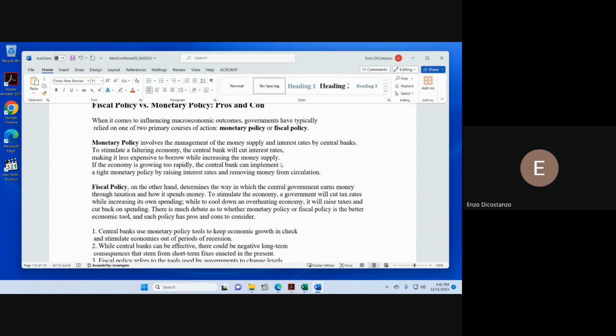So here you have the two versions of what's going on with these economies: the faltering one, or an economy that's growing too rapidly. Those are the two pieces of this.